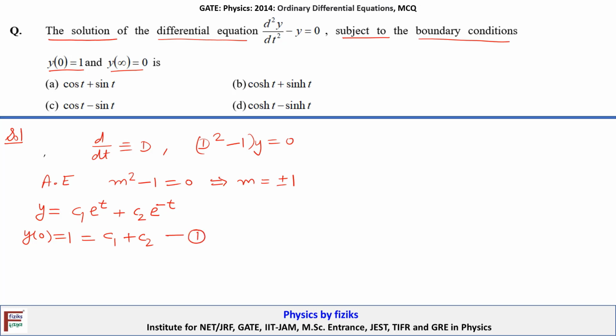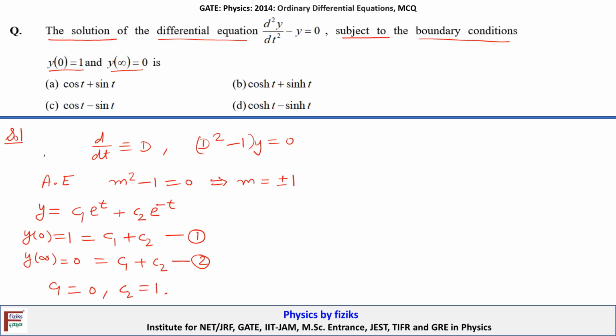Now substituting the second boundary condition, y at infinity is equal to 0, putting t is equal to infinity in this solution, we can write it as c1 plus c2. And now solving equation 1 and equation 2 for c1 and c2, we can write c1 is equal to 0 but c2 is equal to 1.